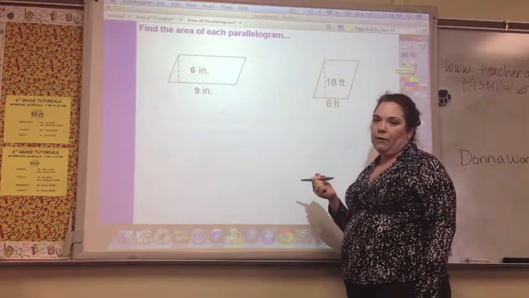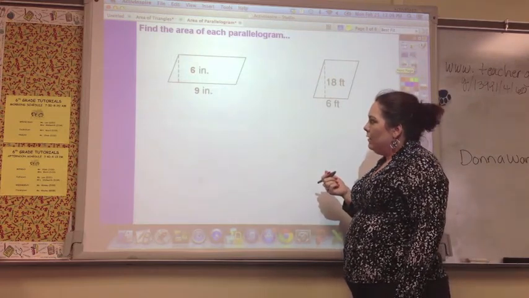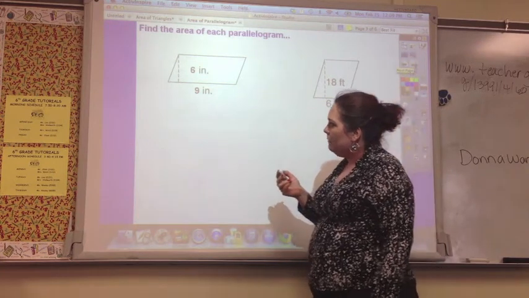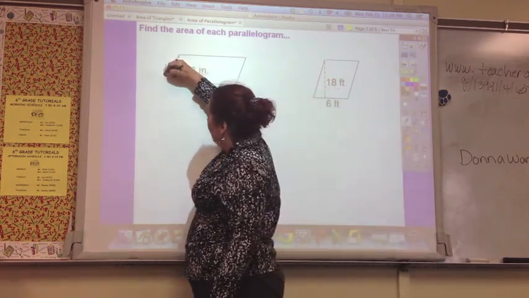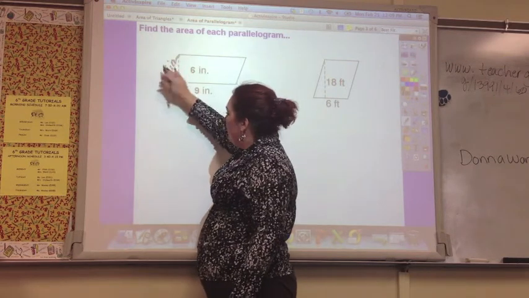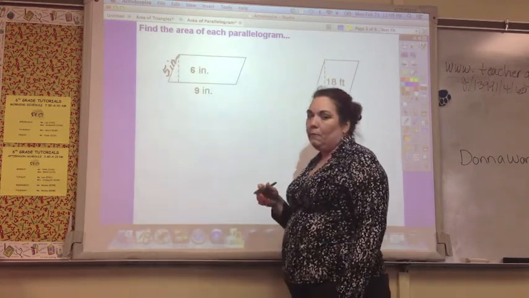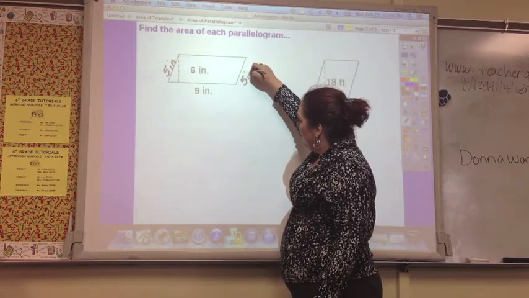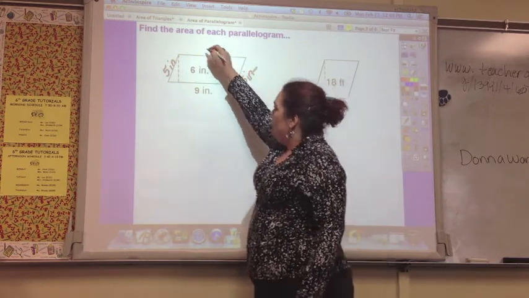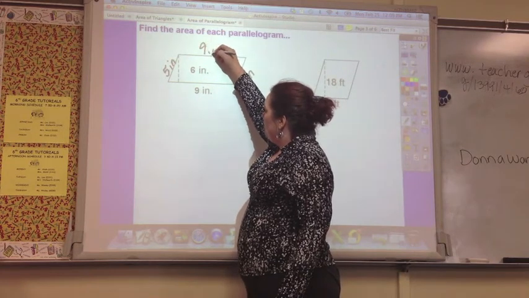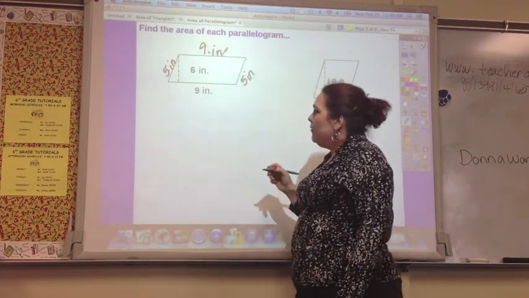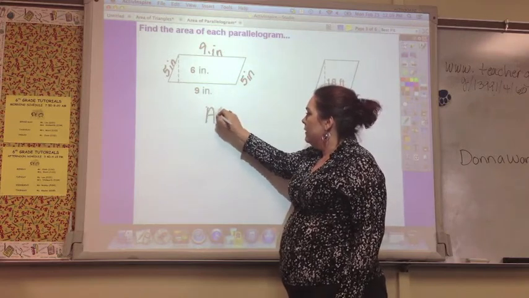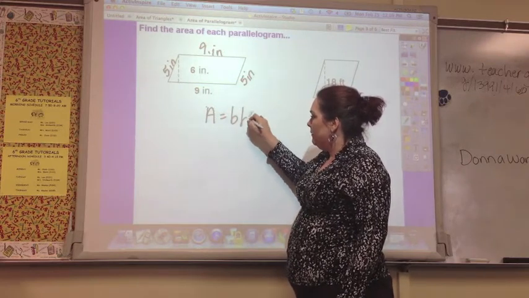Here's a couple of parallelograms. With the parallelogram, first you want to look, and sometimes they may give you a side length. What would the side length be used for? It would be used if you wanted to know the perimeter of this figure, and this would be 9. But if you wanted to know the area, you would say area equals base times height.